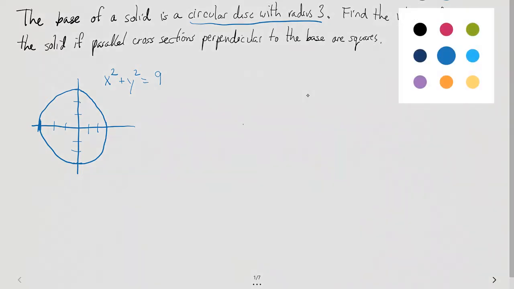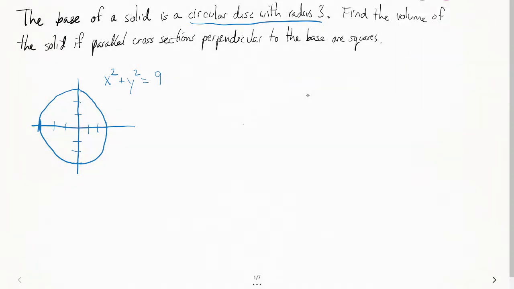Okay, and one other thing that we can consider is that everything popping out of here is a square. So you have a square going right here, and then a square going right here, and a square going right here as well.